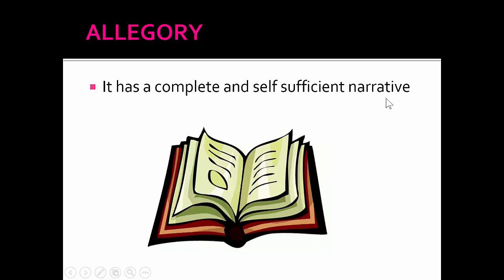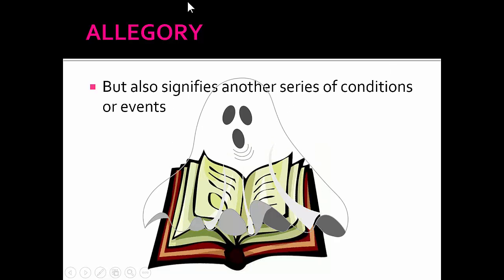All by itself, complete self-sufficient narrative. Or you understood that in big chunks, not the whole entire thing. It wasn't like Animal Farm where the whole thing was one, basically page 1 to page end, beginning to end. But it had big chunks of allegory that signified another series of conditions or events.